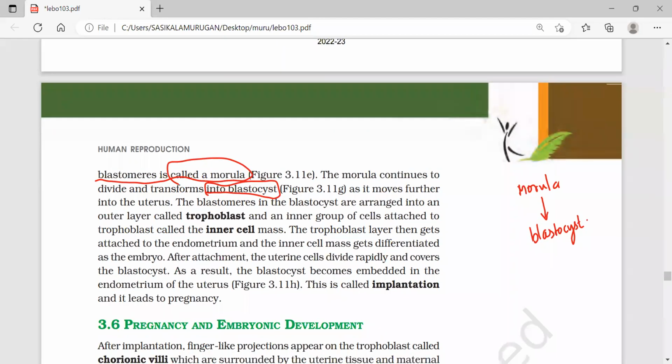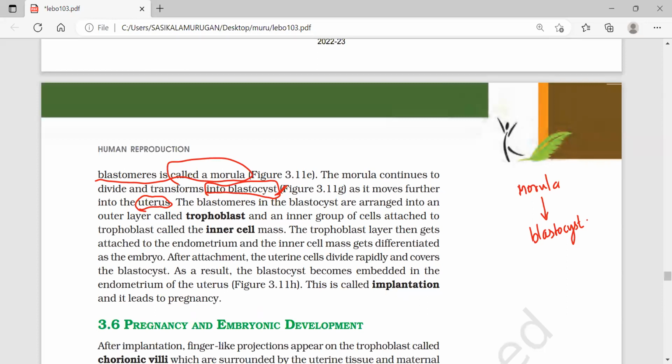You should be clear about one thing: when the fertilized embryo enters the uterus, it is in the form of a blastocyst. Based on your question, when the embryo enters the uterus, it is in the stage called morula.